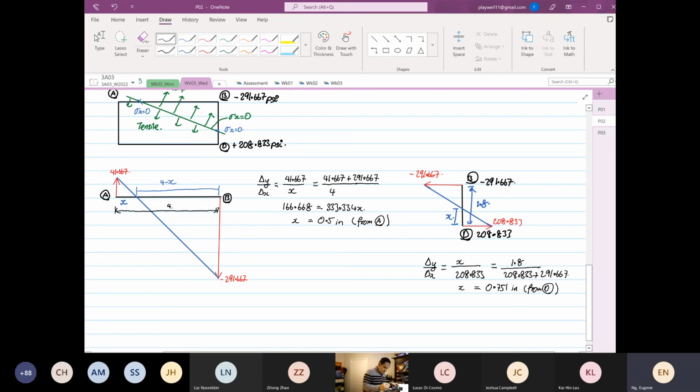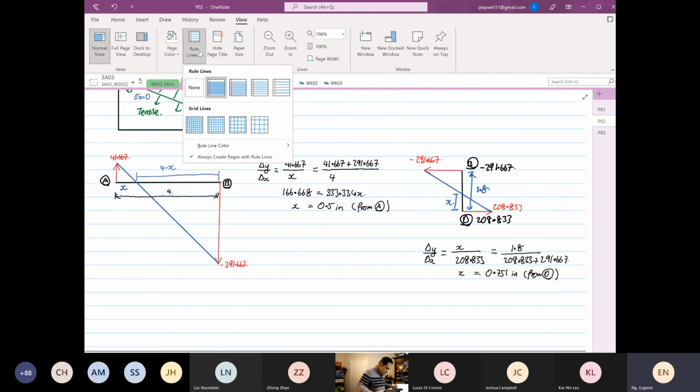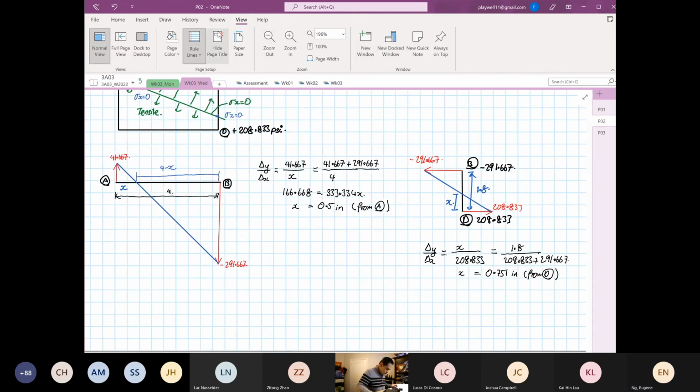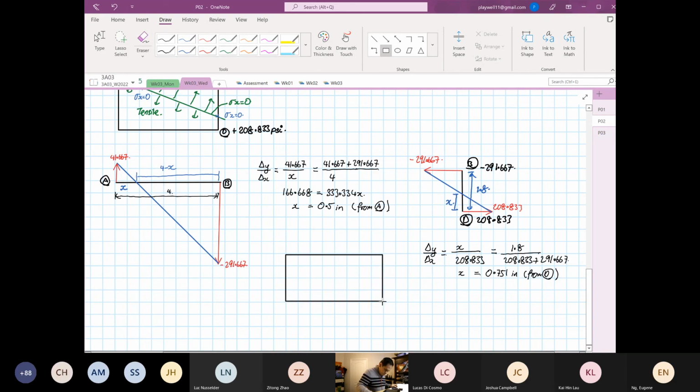So the distance from, I'm just going to briefly sketch this out. So this is our point A, point B, point D, right?